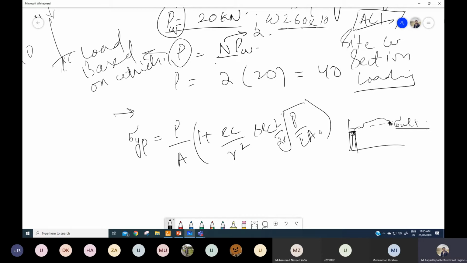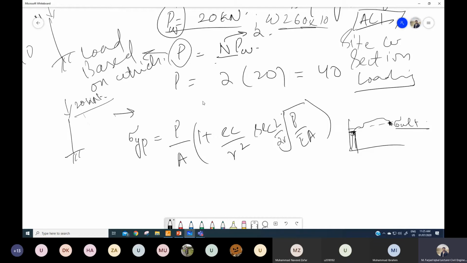So let's say a person, a company or a client asks you about a column which has already been constructed in my house or in my company, and on this column a load of 20 kilonewton is acting. He wants to know what the failure stress or the failure criterion is for this type of column.